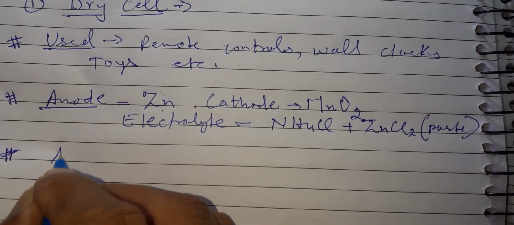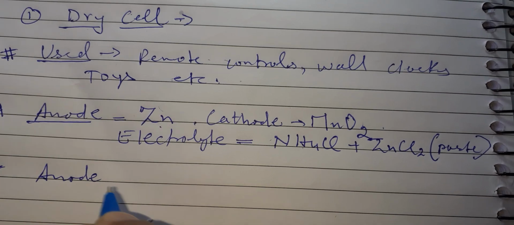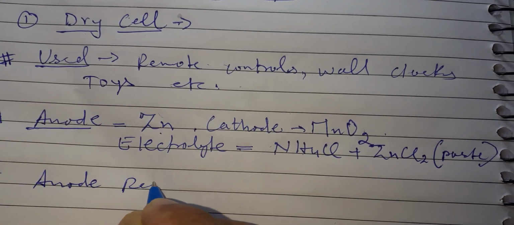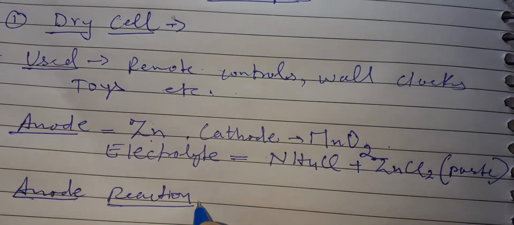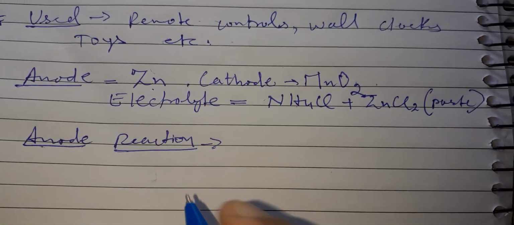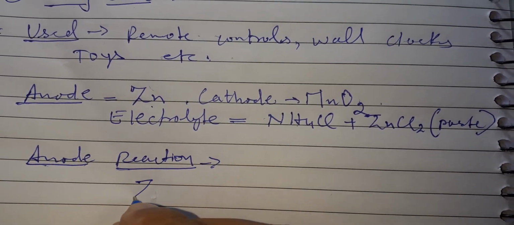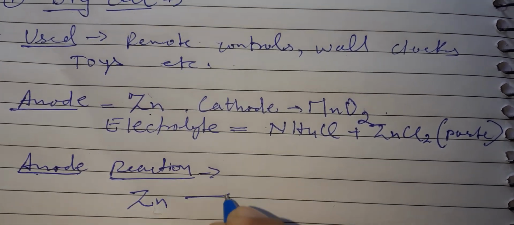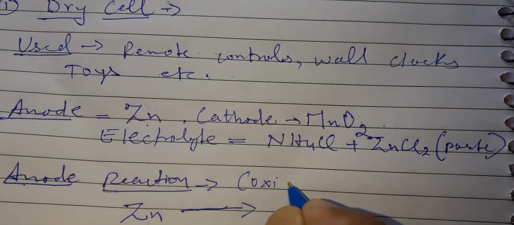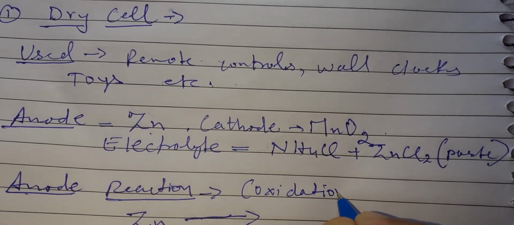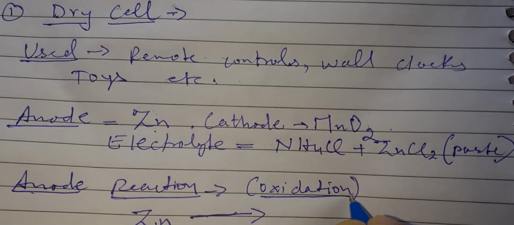So we'll start with the anode reaction. All of you know, I've discussed it number of times in class, what happens at anode? Always oxidation.